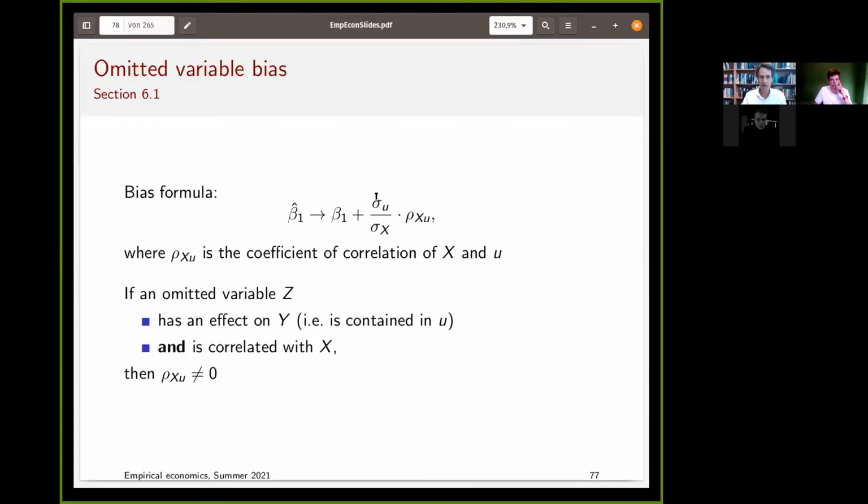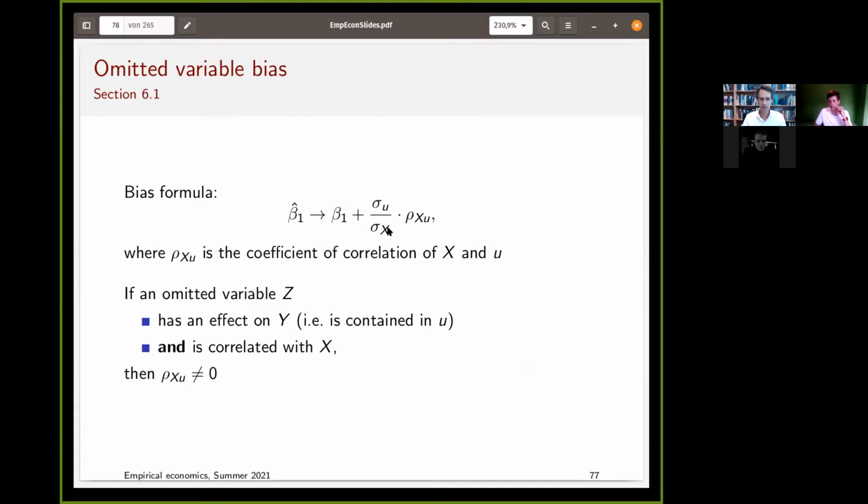So the standard deviation of the error term cannot be negative, and the standard deviation of the regressor cannot be negative either. So both these terms are positive, and the sign of the bias, the deviation between what we estimate for large samples and the true value, must depend on the sign of the correlation coefficient.